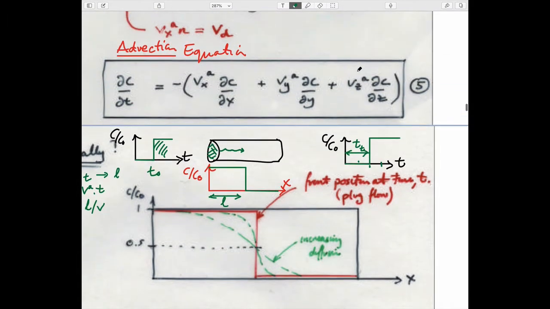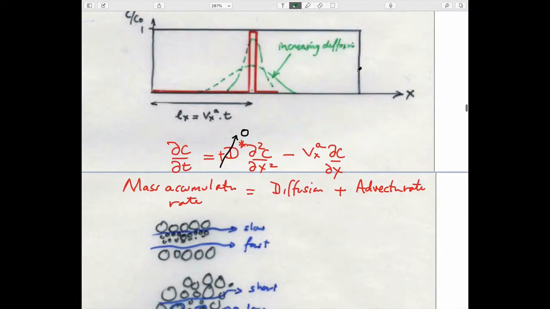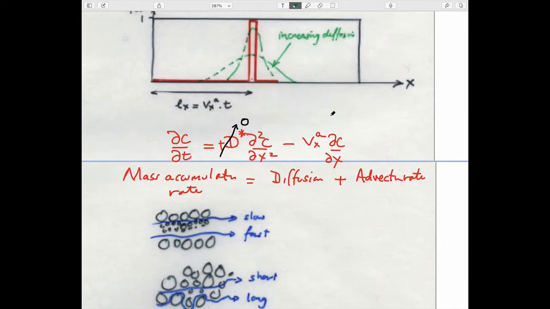And this expression that we've suggested down at the bottom, this advection dispersion equation, is exactly what describes that process.